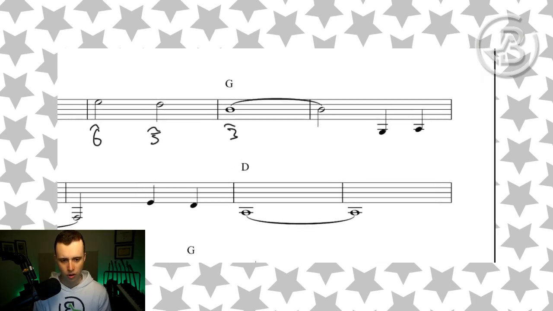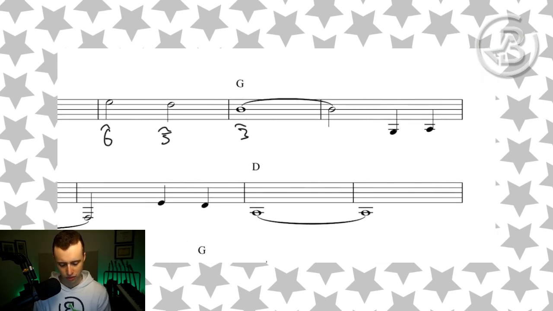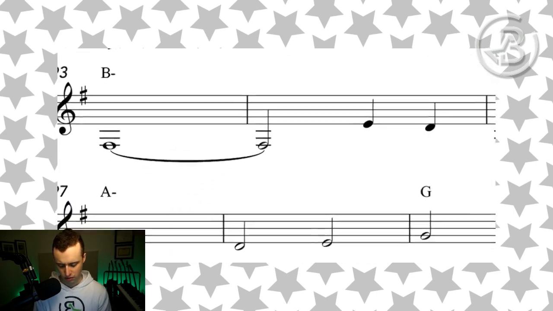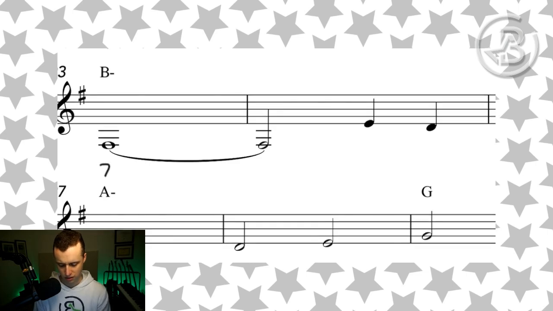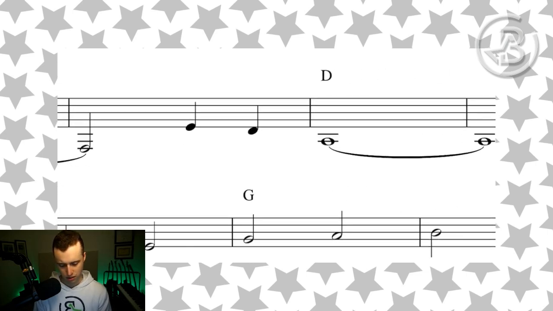Now here's our 1, 2 back down to the G3 to A3. 1, 2, 7. Then 6, 5. 2.